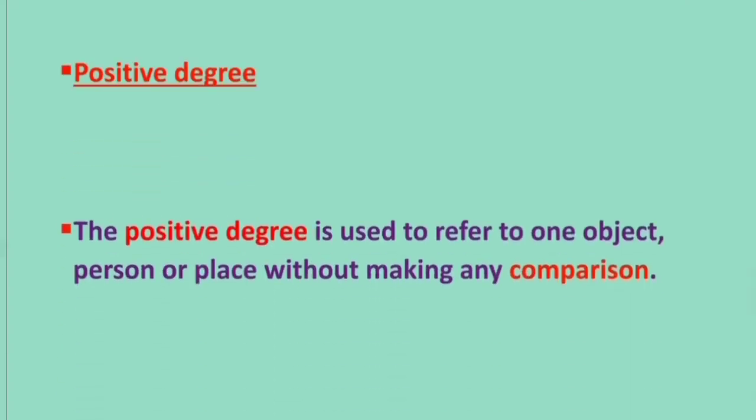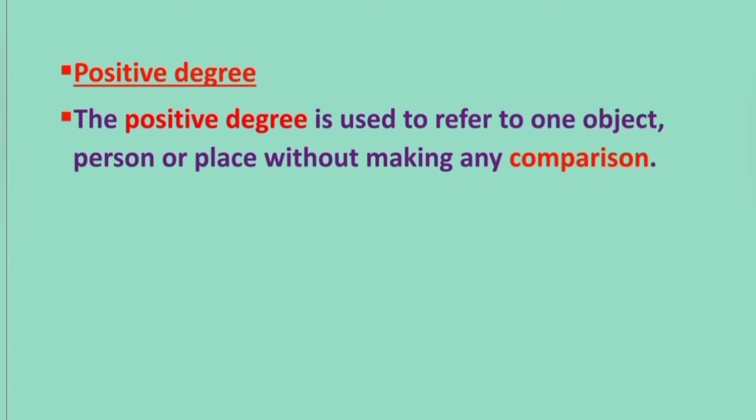What is positive degree? The positive degree is used when we don't make any comparison, or it is used to refer to one object, person, or place without making any comparison. It means when we use this degree, we don't make any comparison.